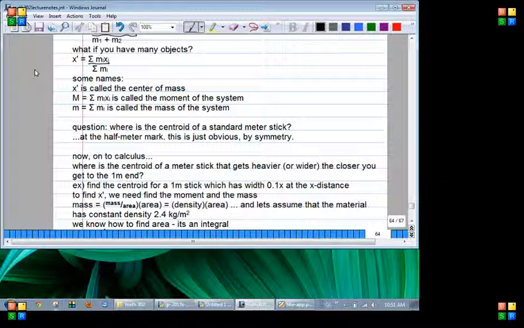Well, we know how to find area. It's an integral. Think of your meter stick basically looks like this. And we define the area of that. We know how to do that.